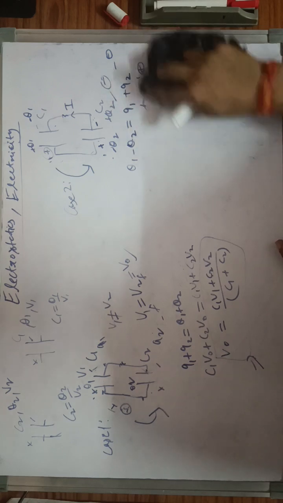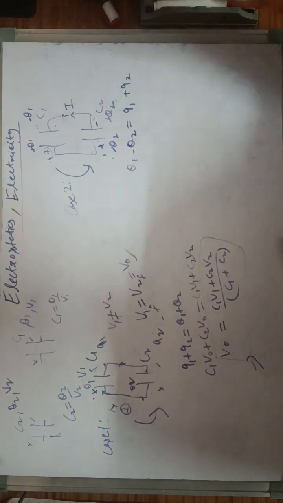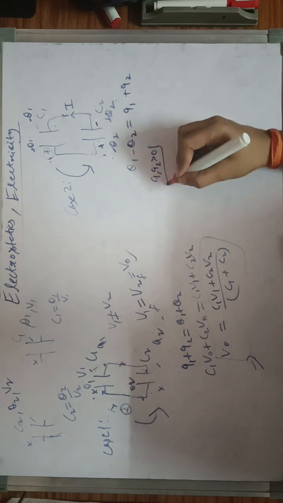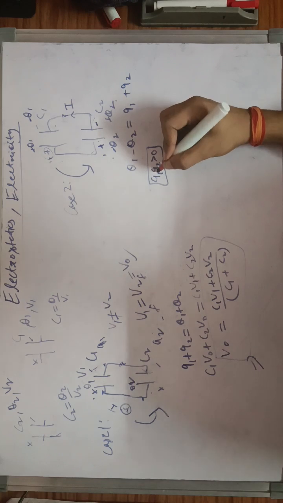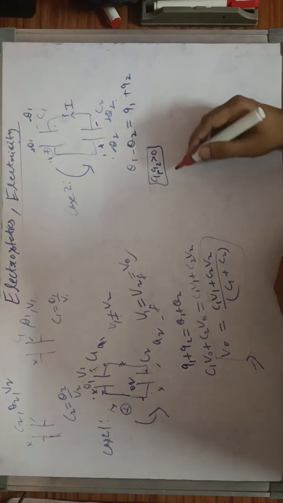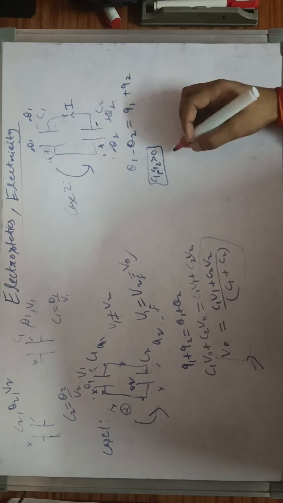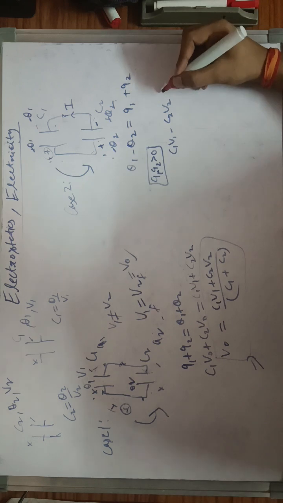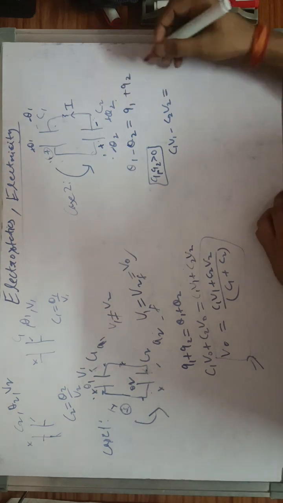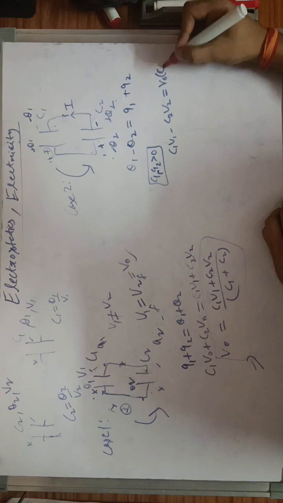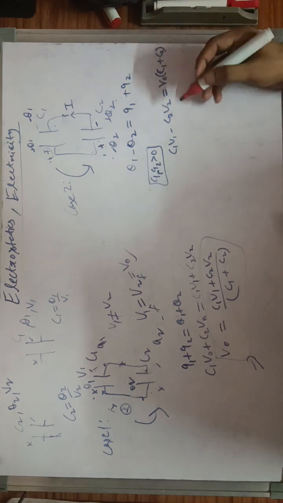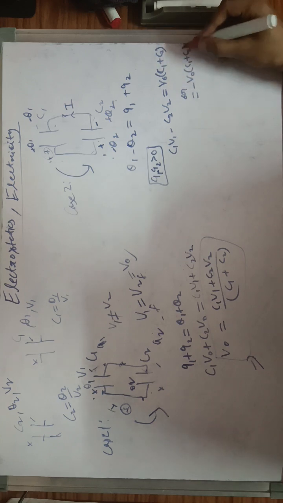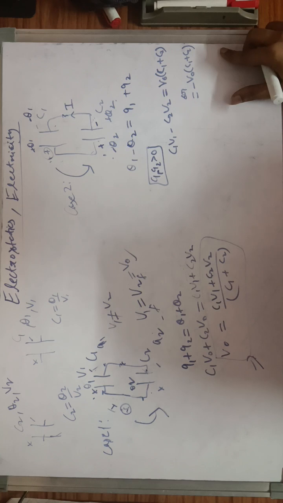So one thing I can say here is that Q1 times Q2 is greater than 0. The sign must be the same for both. And now I can say that Q1 minus Q2 can be written as C1 V1 minus C2 V2, which is either equal to this value which is given as V naught bracket C1 plus C2, or it can be equal to minus V naught bracket C1 plus C2, because the charge can be negative or the charge can be positive.